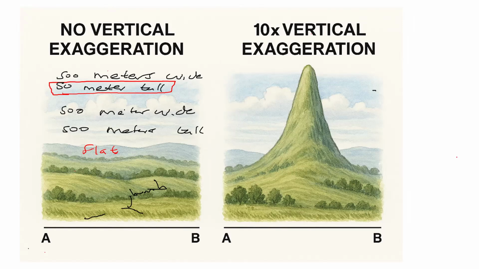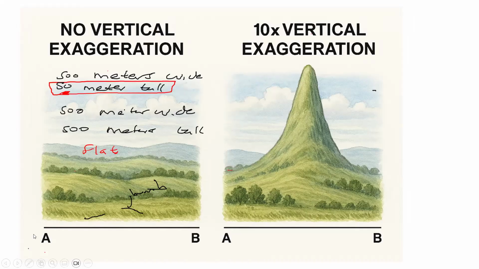But once you apply vertical exaggeration, you multiply your height by a certain number. Now these start to be easier to see, visually easier, or they start to be visible in an actual sense. I hope this made sense.